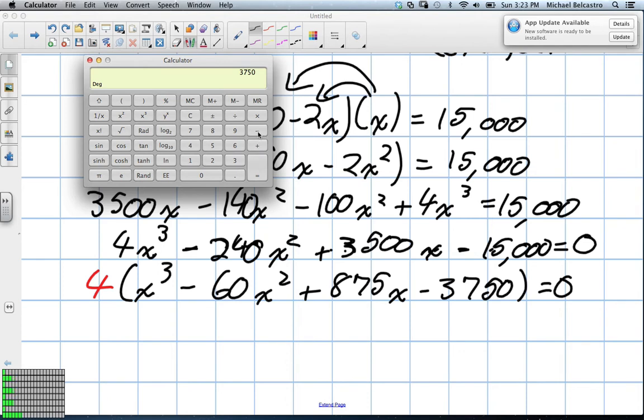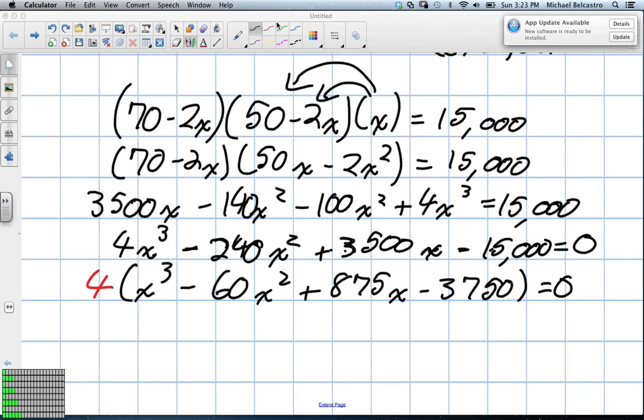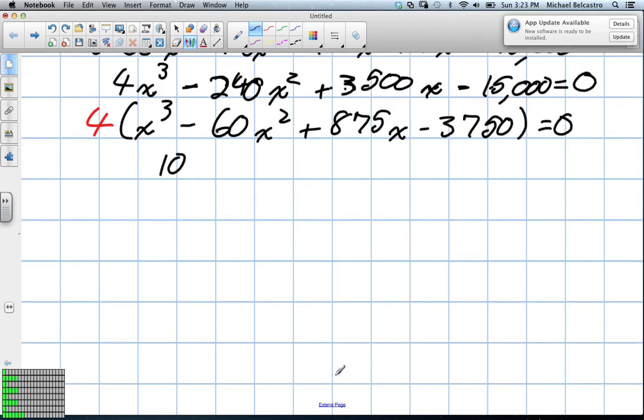Yeah, 10 is going to be a value that works. Okay? 10 will be a value that works for us here. So, in other words, we know 10 is a factor of this. Okay, so let's go and use our synthetic division. If we were to use long division for this, we'd be using x subtract 10.